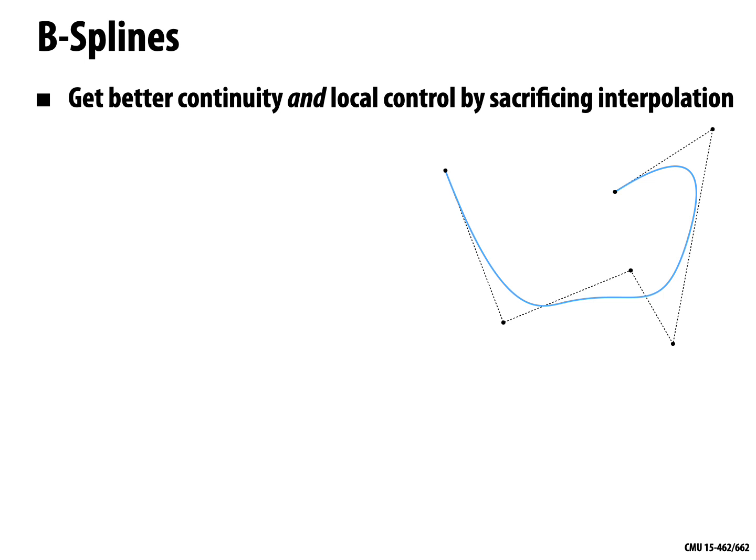It aims to have C2 continuity. At most points, the limit surface will be twice differentiable. But it's not interpolatory. If you look at any of our pictures of subdivision surfaces, the limit surface doesn't pass through the control vertices. So that maybe makes it a little counterintuitive for modeling.